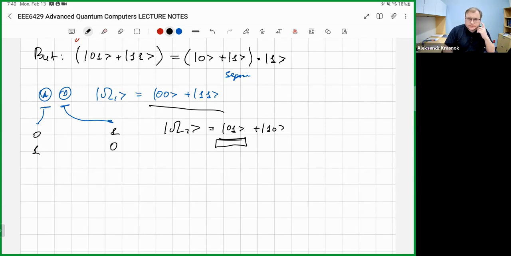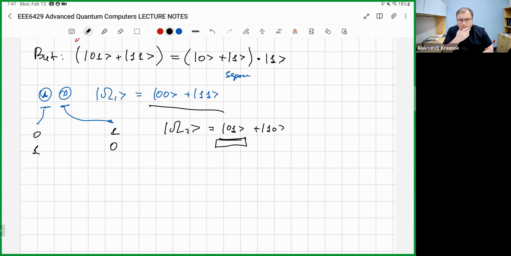This is in drastic contrast to classical physics, where you have two resonators, you put them together, they share some state, but then you put them apart, and if you measure one resonator, you cannot say anything about the state of the second one.